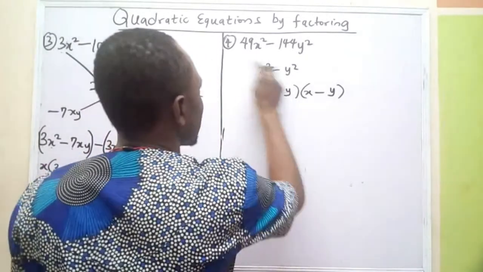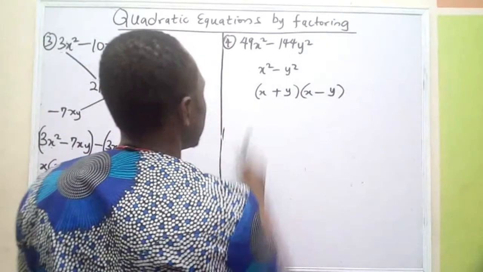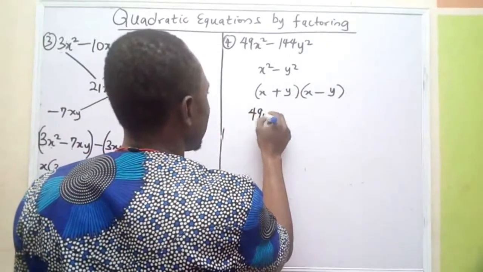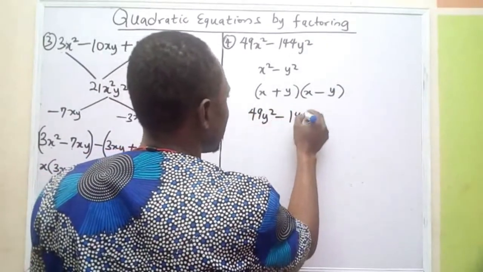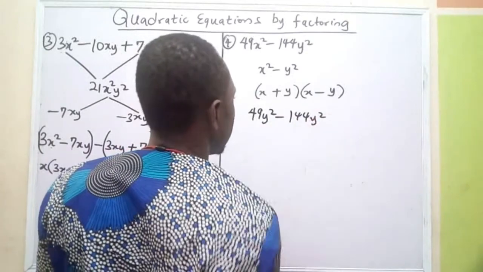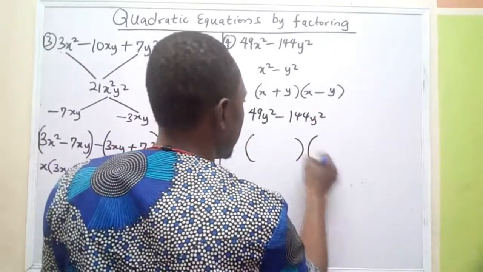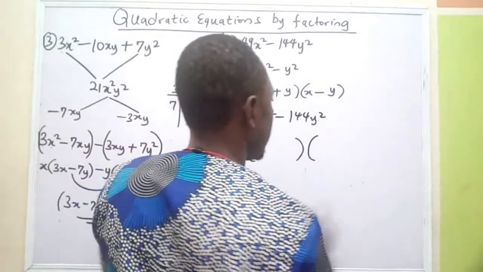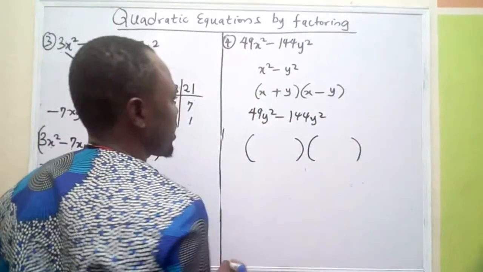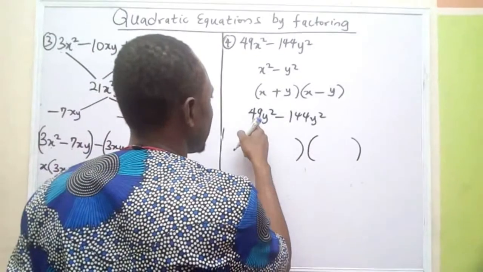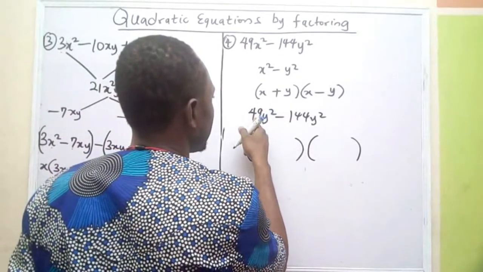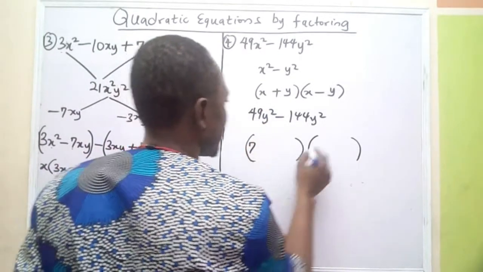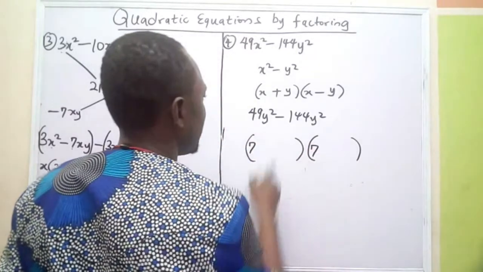So we want to pattern this question after this. I have 49x squared minus 144y squared. Since it's a difference of two squares, I'm going to open two brackets. The square root of 49 is 7, so let me write 7 on both sides.